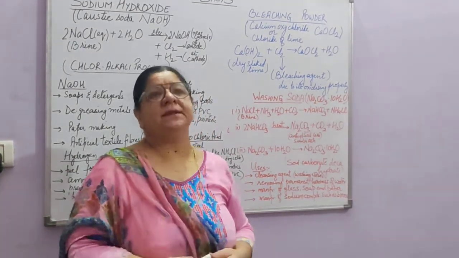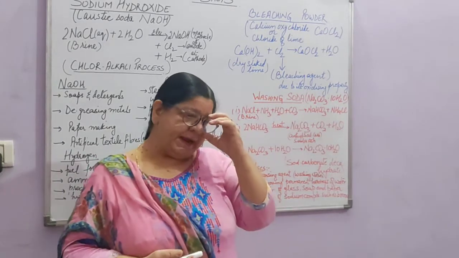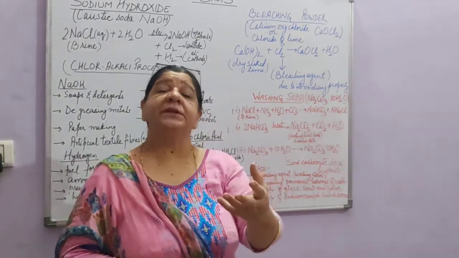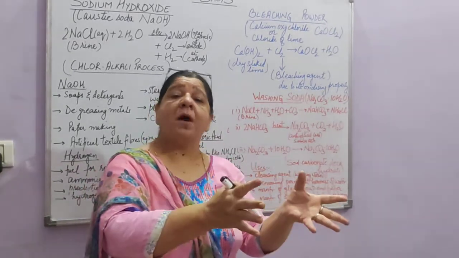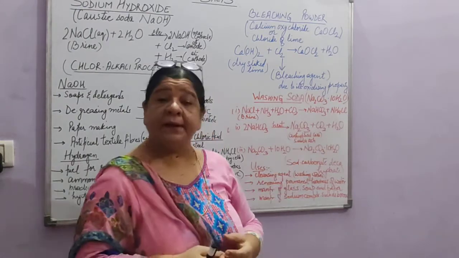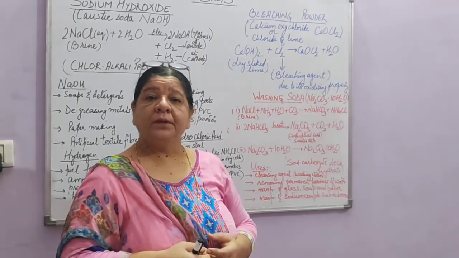Now sometimes in exams you don't get direct questions, rather you get questions from the uses, like to name the powder which is used to remove permanent hardness of water, right?